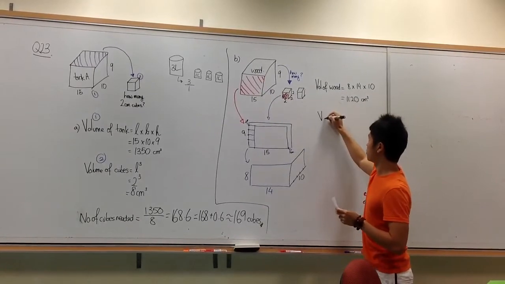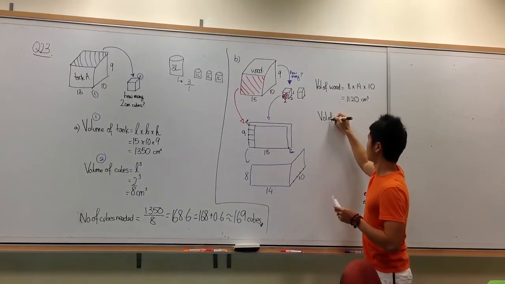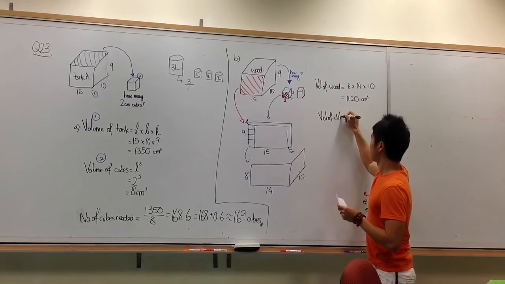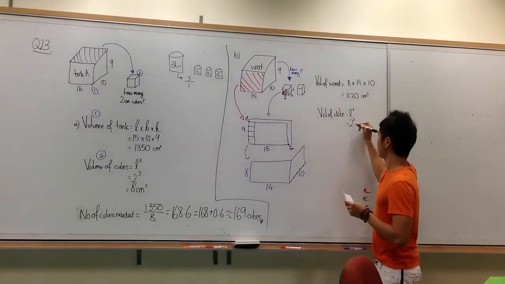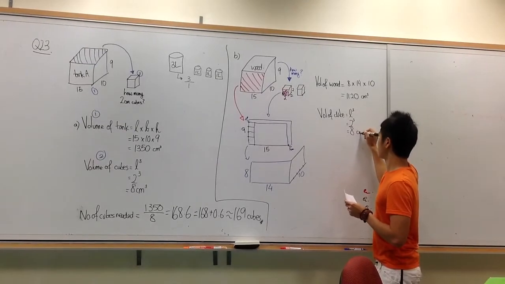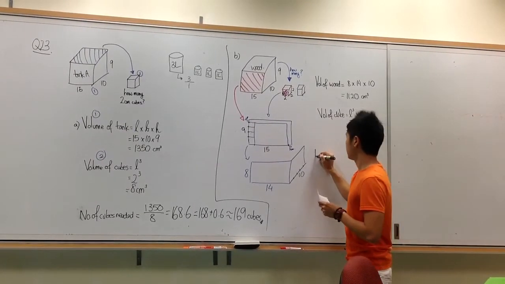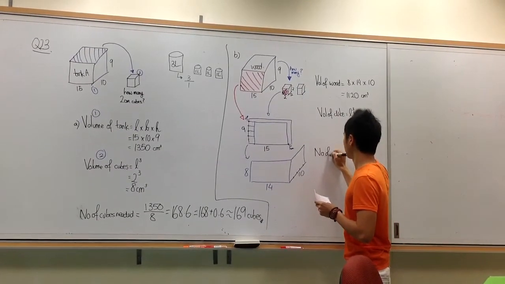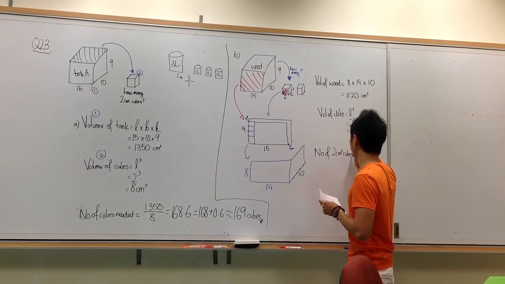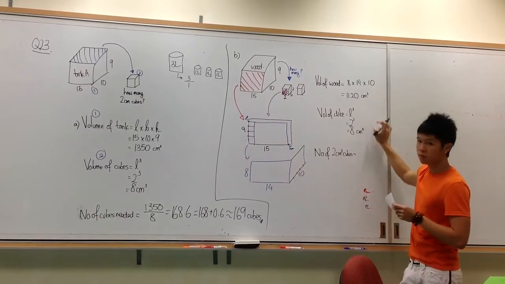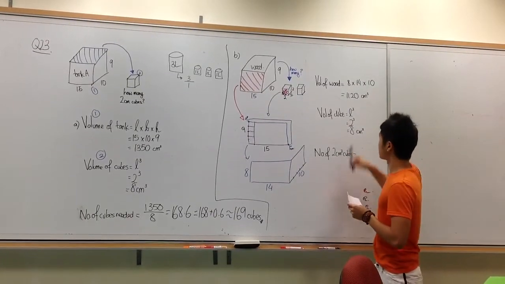For the volume of the cube, it is the same. You just take length cubed, which is 2 cubed, 8 cubic centimeter, and the number of 2 cm cubes that you can cut will be again this volume divided by this volume.